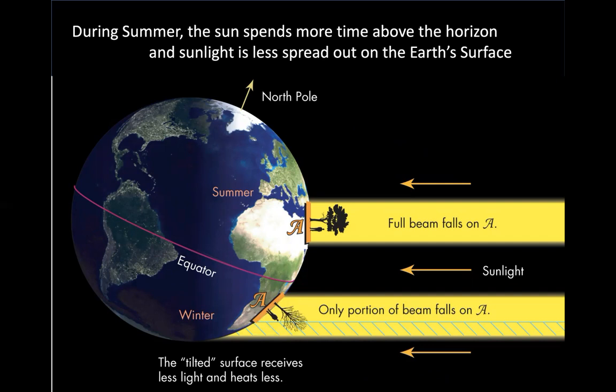These two effects together, the length of day and the lower angle of the sun, cause the atmosphere to cool when we're in winter, when the pole is tilted away from the sun, and be warmer when our northern pole is tilted towards the sun. This is why summer is the hot season and the winter is the cooler, if not actually cold as much nowadays, season. And the reverse is true in the southern hemisphere.